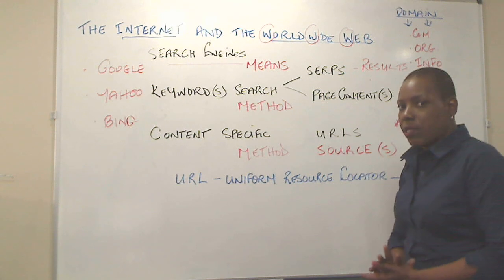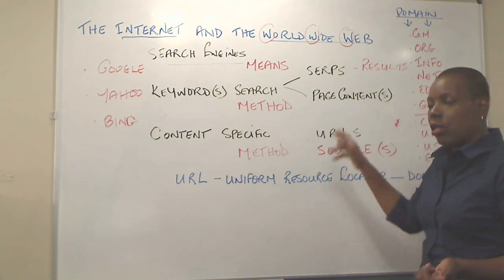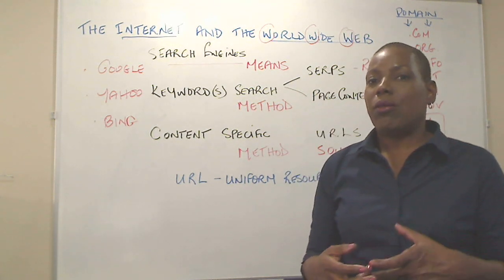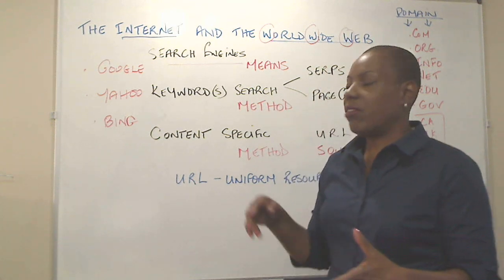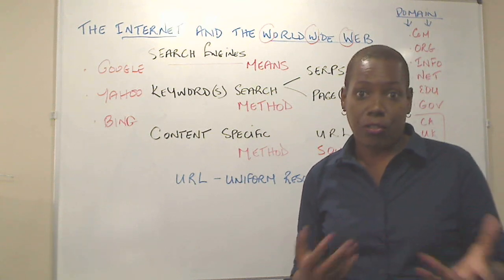So the term SERPs would be your search engine results page. Why is this important in research? Because the more you search and the more you are activated to go to a particular page, the greater the likelihood of losing your search results.